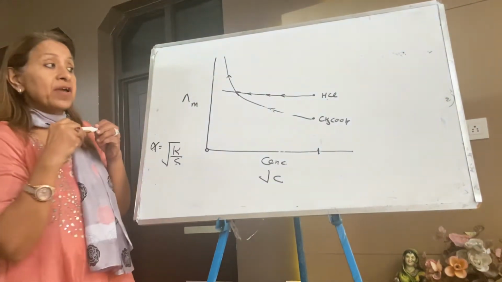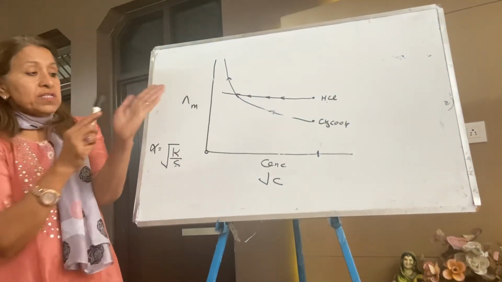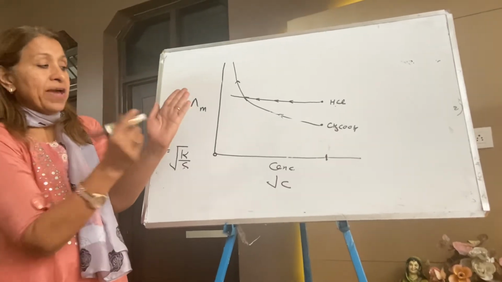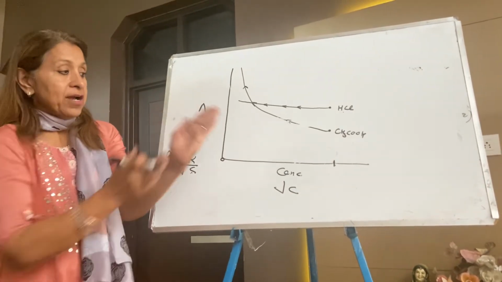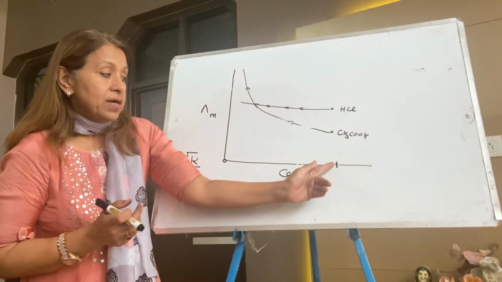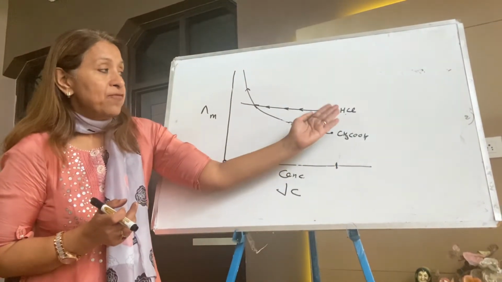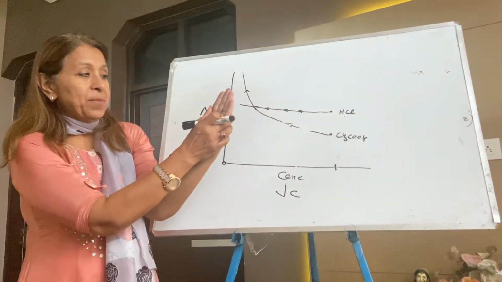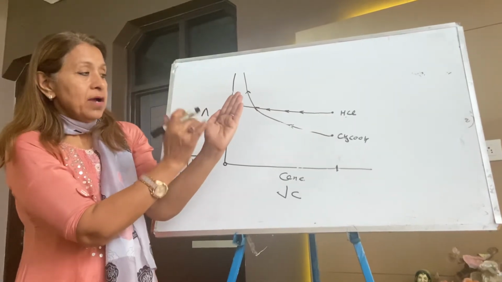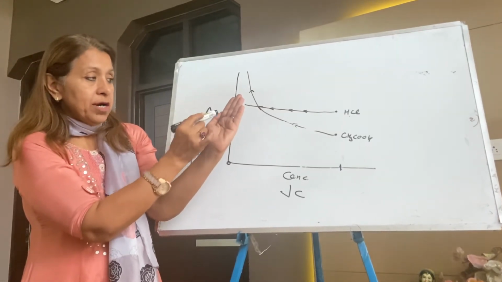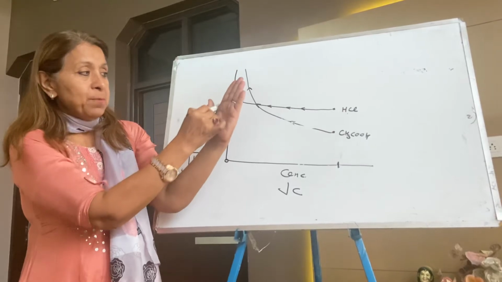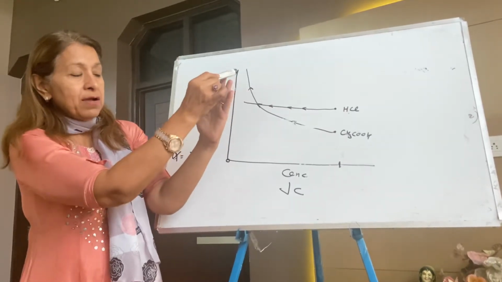Now you see my fingers. Now these are my 5 fingers, held tightly at a high concentration. When the concentration was high, my 5 fingers were closely placed. The moment addition of water, water comes in between, forces break.